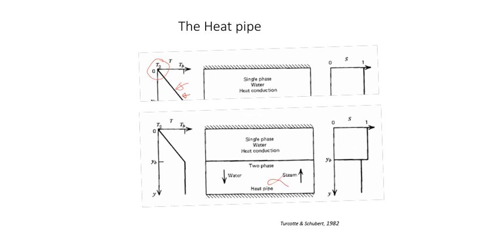Steam rises in the two-phase zone and condenses here at the interface with the liquid saturated zone. The liquid descends and boils at the lower interface here. All these movements are due to buoyancy.